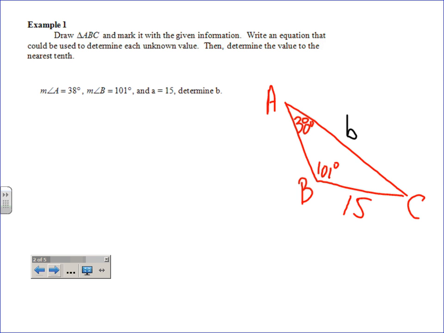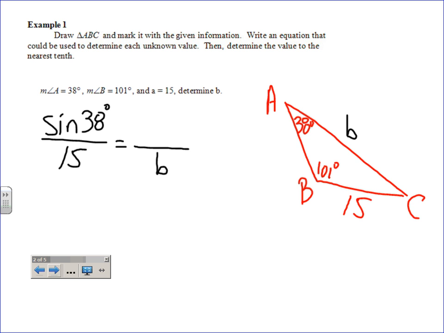I normally start off my law of sines by using my pair. So sine, now remember, you're always going to do it of an angle. So let's use 38 degrees over, you put it over the side that it's paired up with. Which side is 38 degrees paired up with? It's paired up with 15, right? Equals, well, B is what I want, and B is going to be on the bottom, because that's a side.